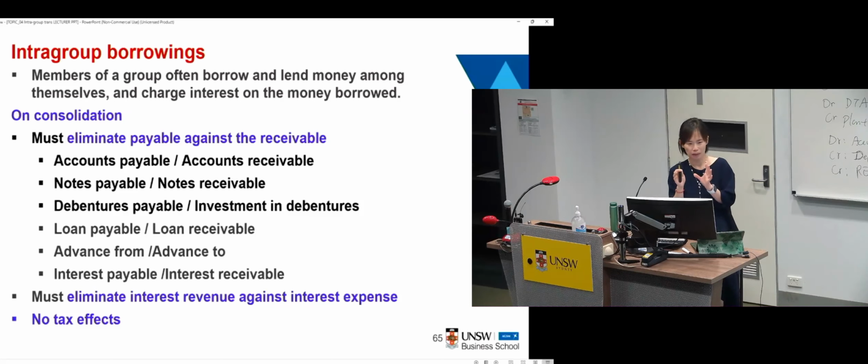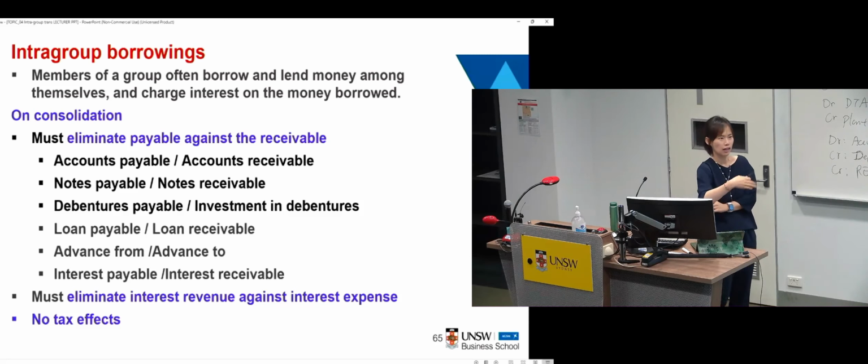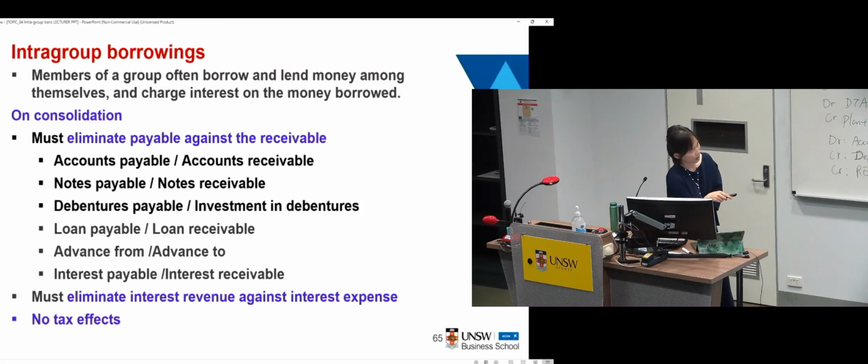But we don't have debenture receivable, be careful, okay? If you purchase a debenture from company ABC, you recognize these financial assets, like debentures in ABC. That is your asset, or you can record it as an investment in ABC, that's fine.